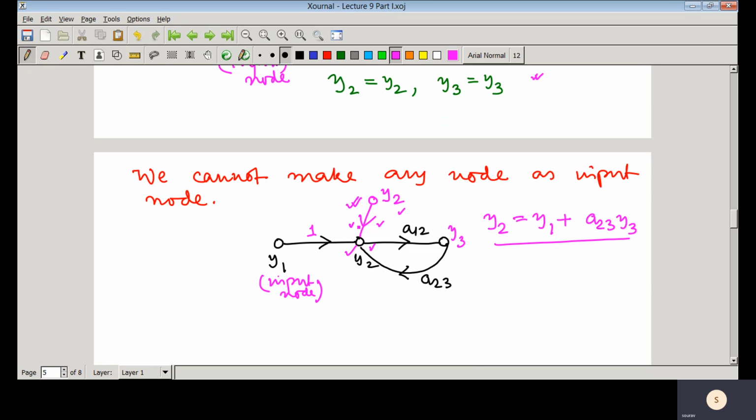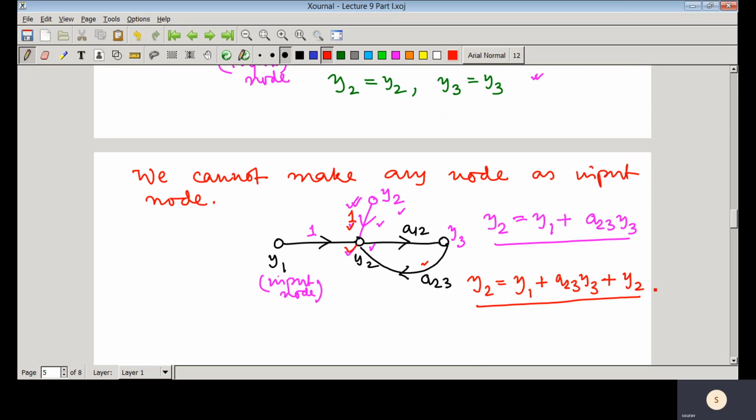Whenever this branch is added to this signal flow graph, according to the signal flow algebra, if you look at that particular node, we have Y2 equal to Y1 plus A23 Y3 plus Y2, where gain is 1.